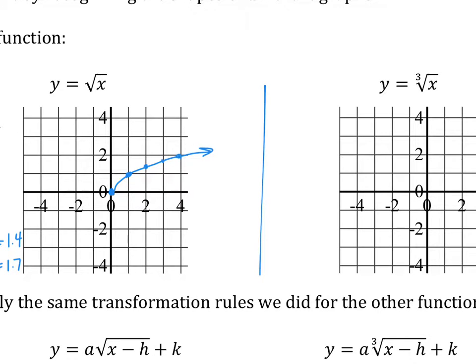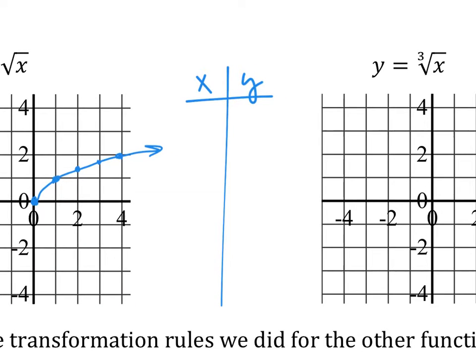Cube root is a little different. All right, we are going to start at -2 as well. This one, I want you to use your calculator so you can figure out where this cube root button is on your calculator. So you're going to put cube root of -2. It does exist. Okay, it's a negative number.